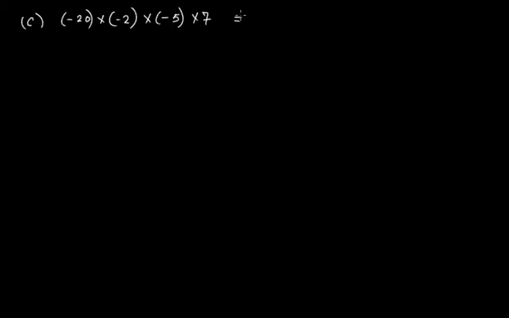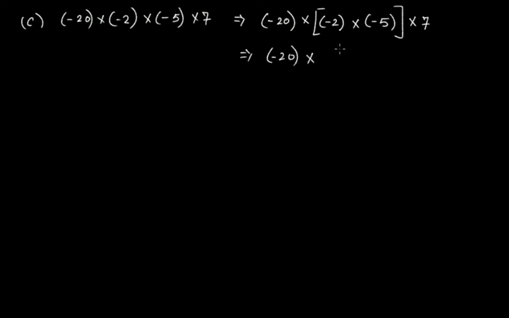So do it here. This will be minus 20, using the associative property, this is minus 2 and this is minus 5, and then it's 7. This is the associative property because we have grouped together 2 and 5. Then this will be minus 20, this will give you 10 because you have 2 minus signs here, and this will give you 7.